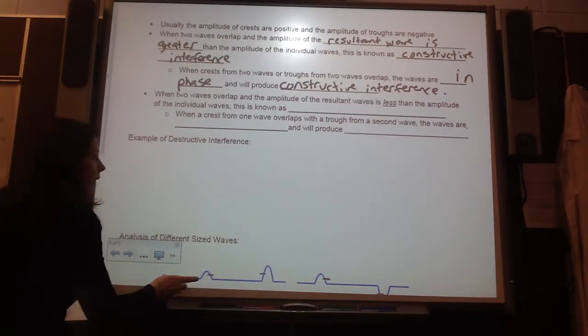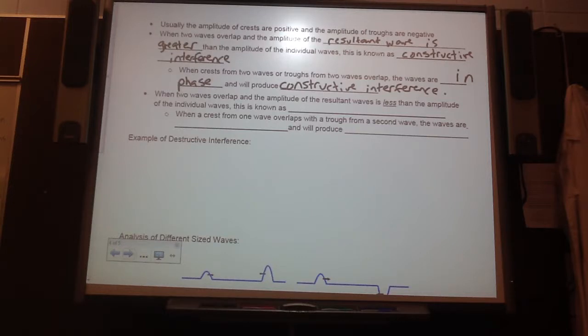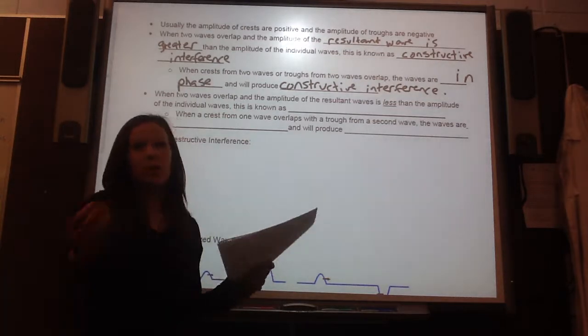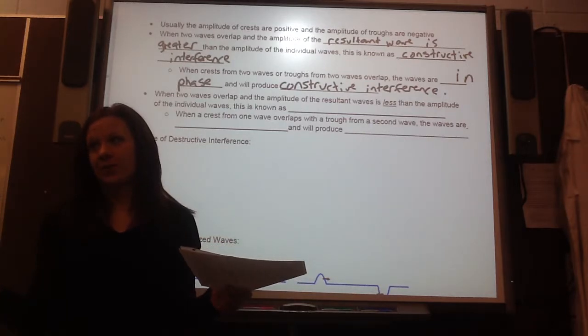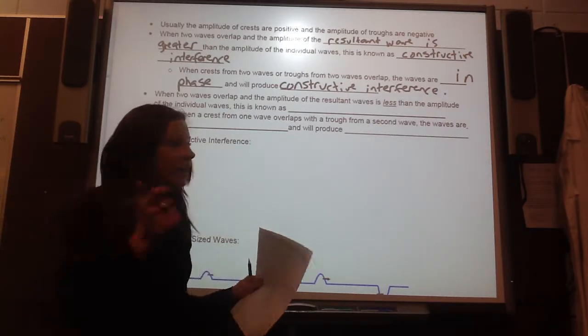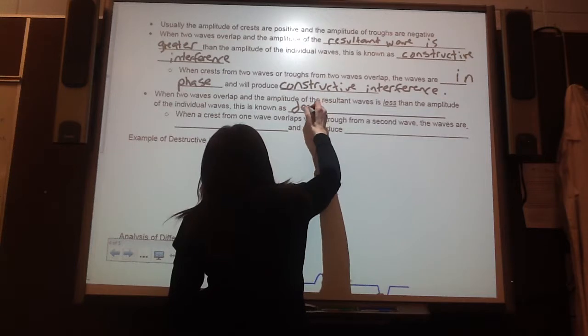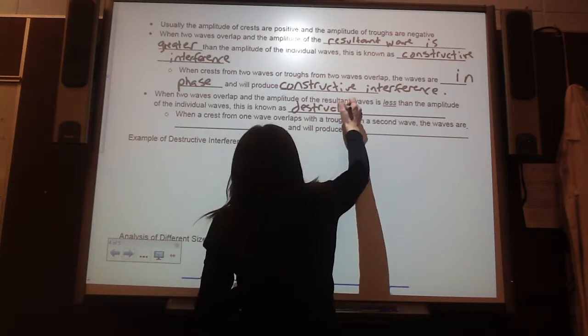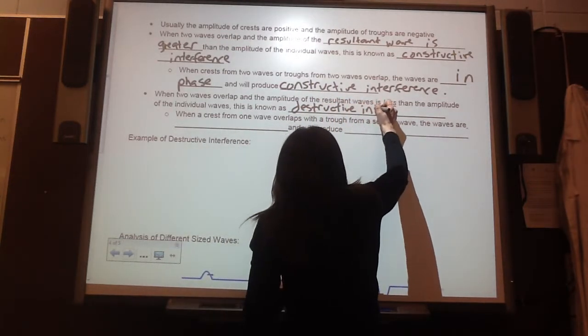Okay, and then you can turn your page around. So when two waves overlap and the amplitude of the resultant wave is less than the amplitude of the individuals, this is known as what? Yeah, destructive interference.